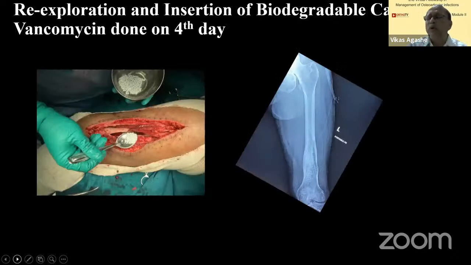Now, what do we do on day 1? What do we do on day 4? There was a question whether we do a proper formal closure on day 1. Remember, there is a big dead space, and that dead space needs to be managed properly. When I was a resident, we often used to have a muscle that was put in there.